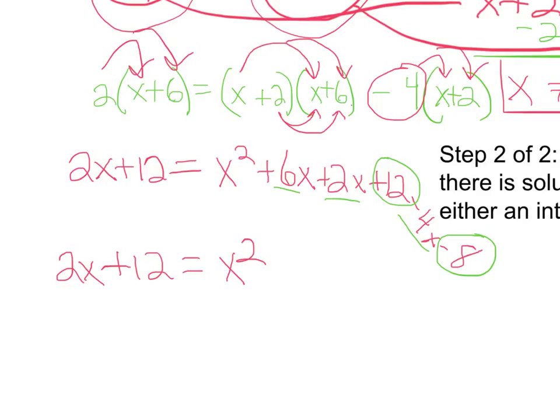So 6x and 2x is 8x, minus 4x is 4x, and then 12 minus 8 is positive 4. One thing we talked about in the last section was solving these types of problems. It is a quadratic equation, so we want to set it equal to 0 and then also factor.